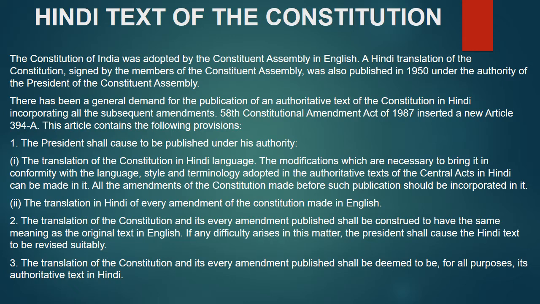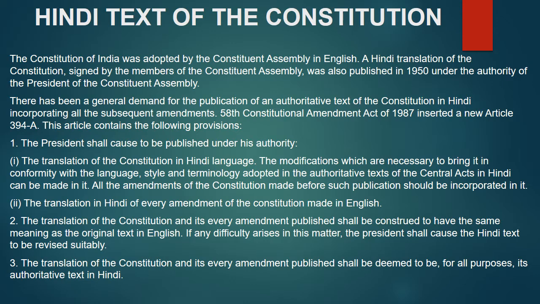So in the 58th Constitutional Amendment Act of 1987, they inserted a new Article 394A. This article contains the provision that the translation of the constitution in Hindi language should be done as per the language, style and terminology adopted in the main constitution written in Hindi.